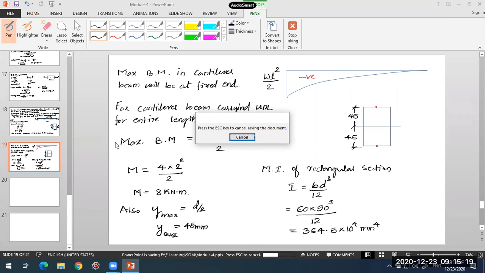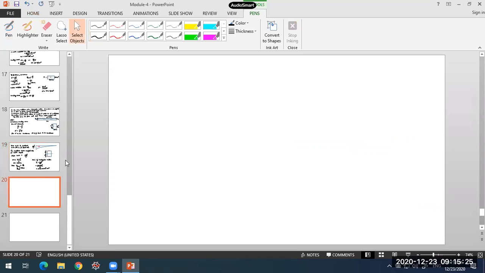If I substitute these values in our flexural formula, M by I is equal to f by y, or sigma by y, or in other words sigma can be expressed as M by I into y. We have taken this y max here to obtain the maximum stresses.